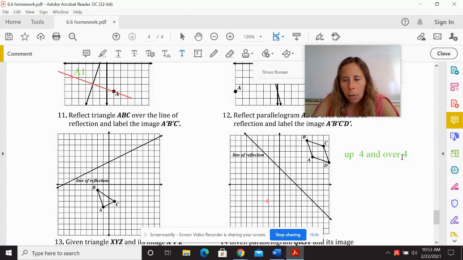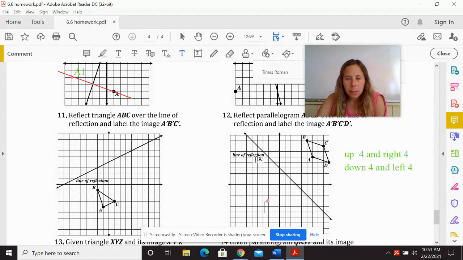So instead of up 4 and right 4, I'm going down 4 and left 4. So I'm doing the opposite thing.